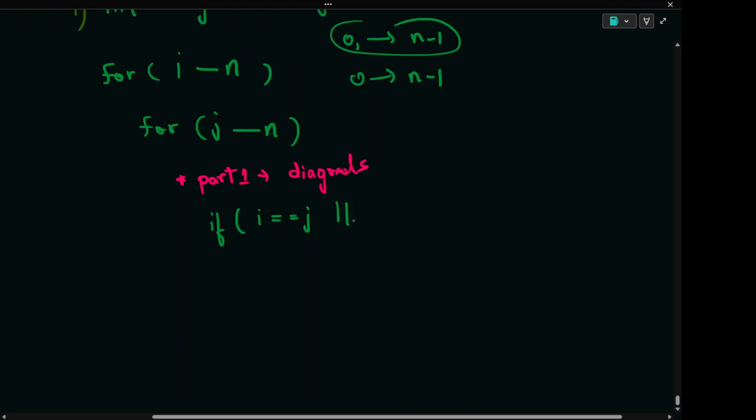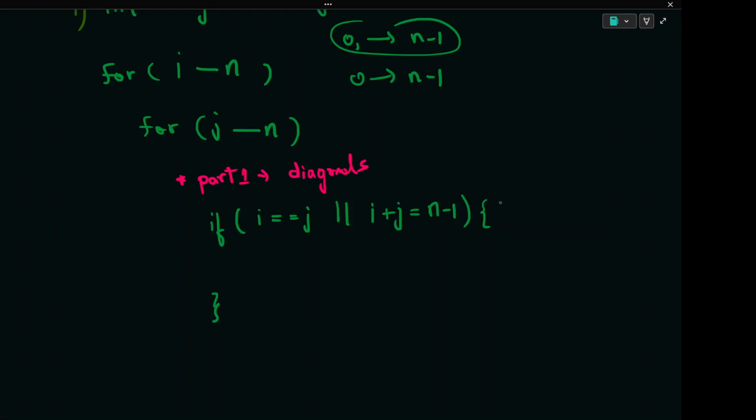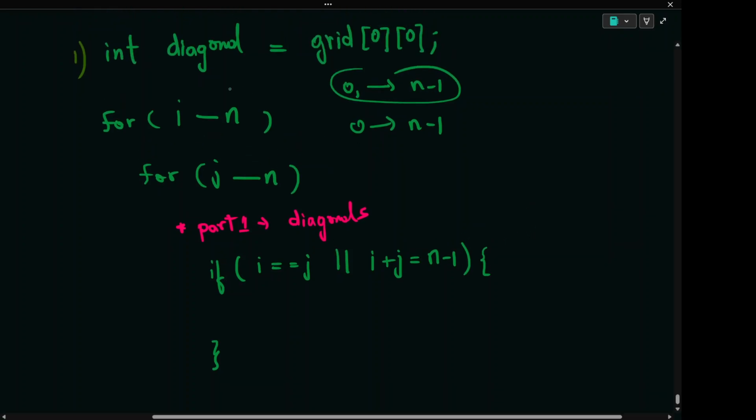Why am I writing an or? Can anyone say why? So the second diagonal: yes, I can write the second condition, which is nothing but n minus 1.